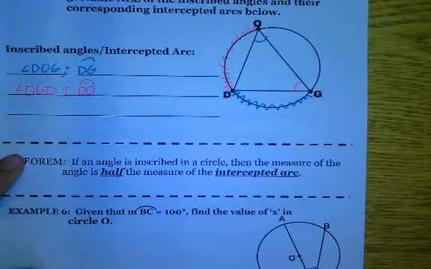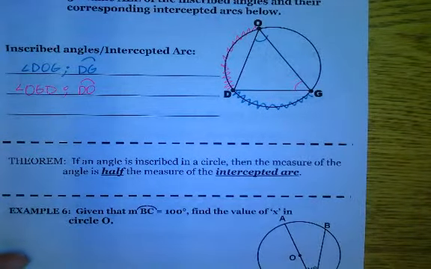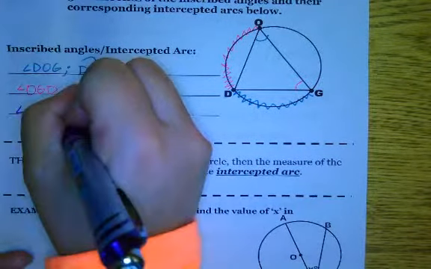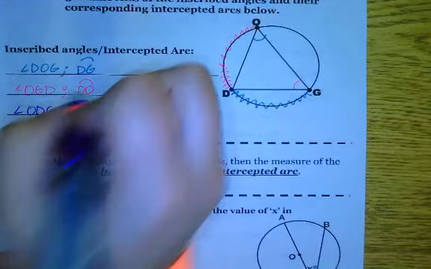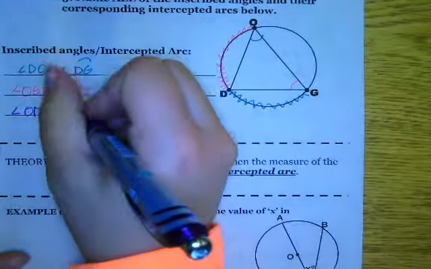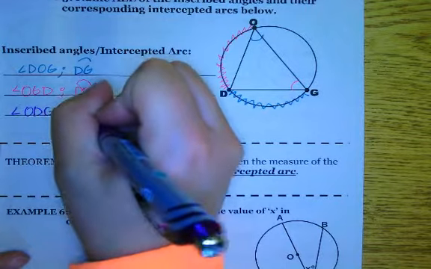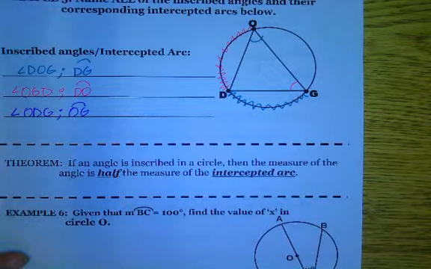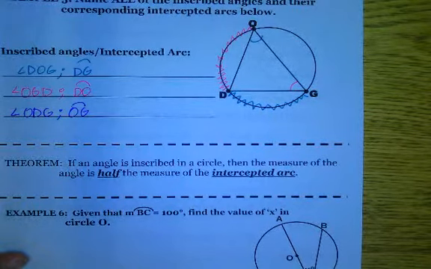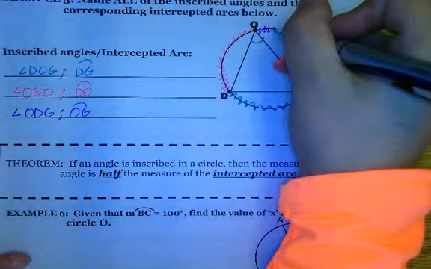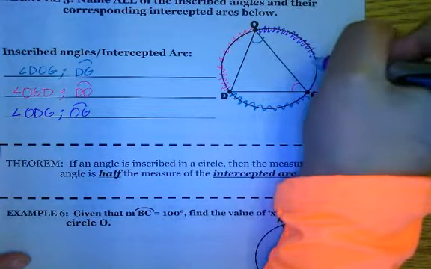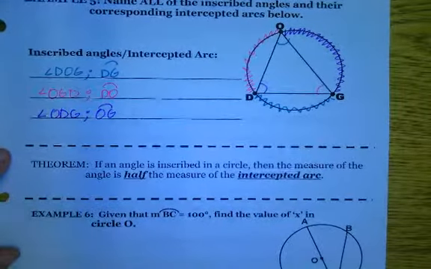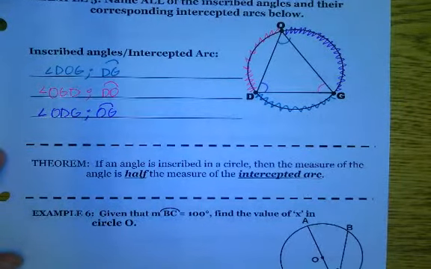And the last one. We'll go ODG, goes with OG. Questions on the intercepted arc?